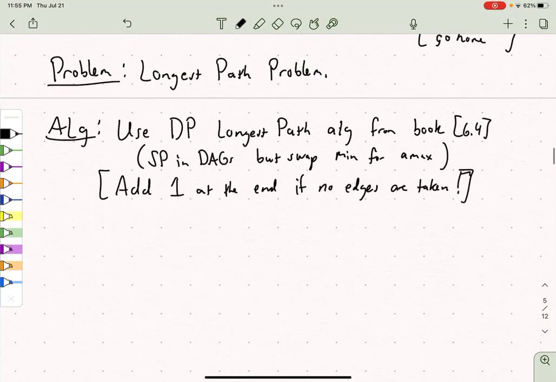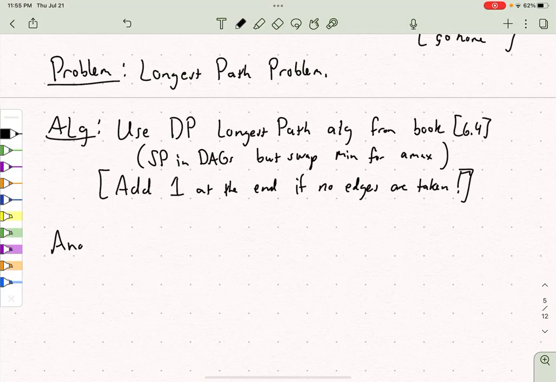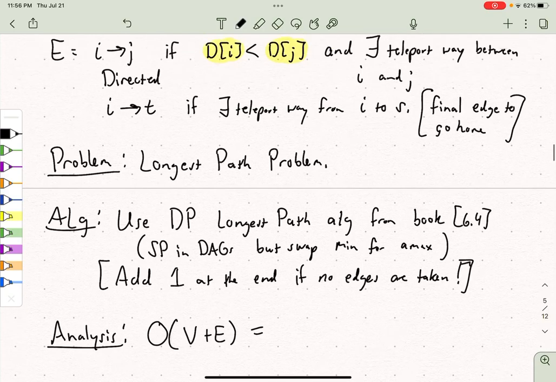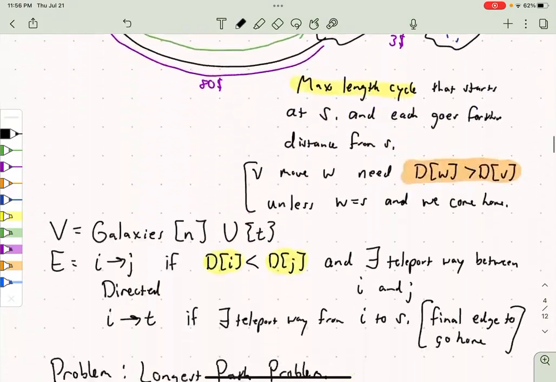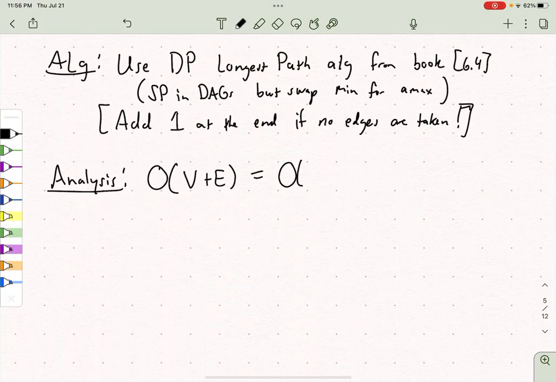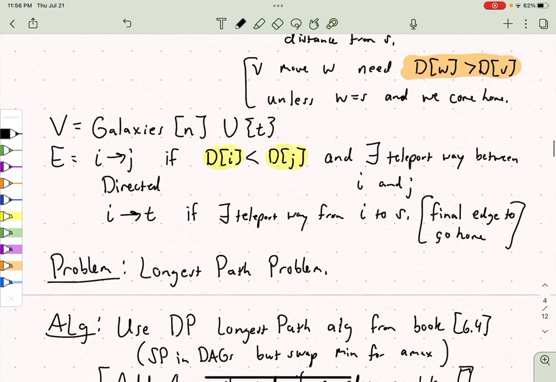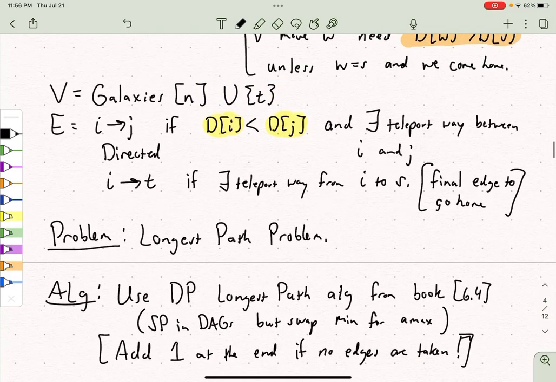Okay, so that's the algorithm, that's the problem. So what's the analysis? Well, this is DP on a DAG. So it's going to be linear time. And in this problem, the number of vertices and edges is n plus m. Because remember, we're using the same number of nodes, just with one extra, and we're using fewer edges.